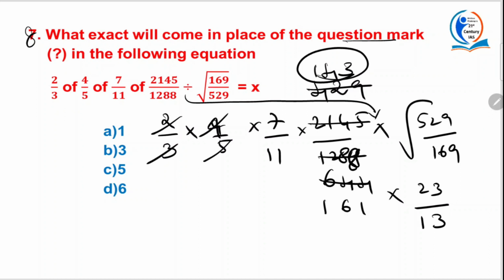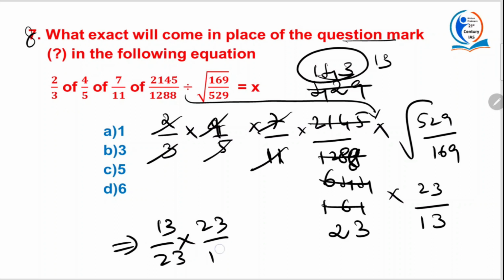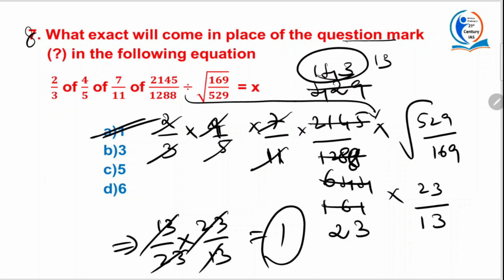Now 143, the very famous number, it will go in the 11 table. 11 ones are 11, 11 thirteens are 143. So whenever you want to say 143 next time, say it 11 into 13, so that you will sound more intelligent. Okay, yeah. Now 161, it will go in the 7 table, right? 7 ones are 7, 7 twos are 14, 7 twenty-threes are 161. All right, now it is 13 by 23 into 23 by 13. 1 is the answer. See, the answer for this big equation is 1.